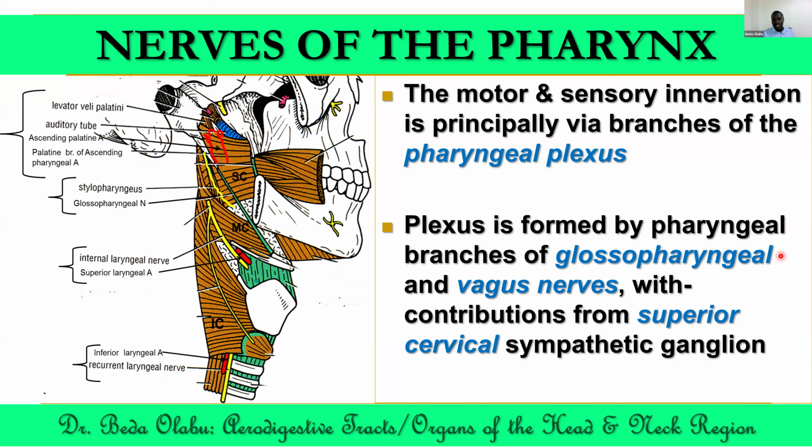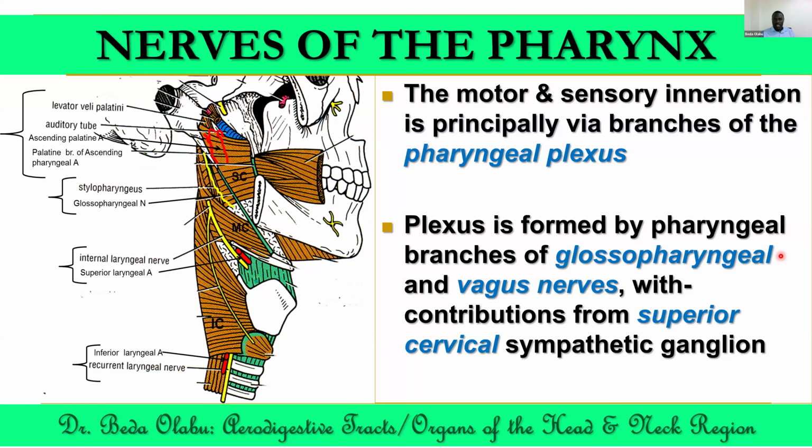Its recurrent laryngeal branch will supply the inferior pharyngeal constrictor, the cricopharyngeus part. Then vagus branches, which are originally from the cranial accessory, will be innervating most of the muscles of the pharynx, motor innervation.